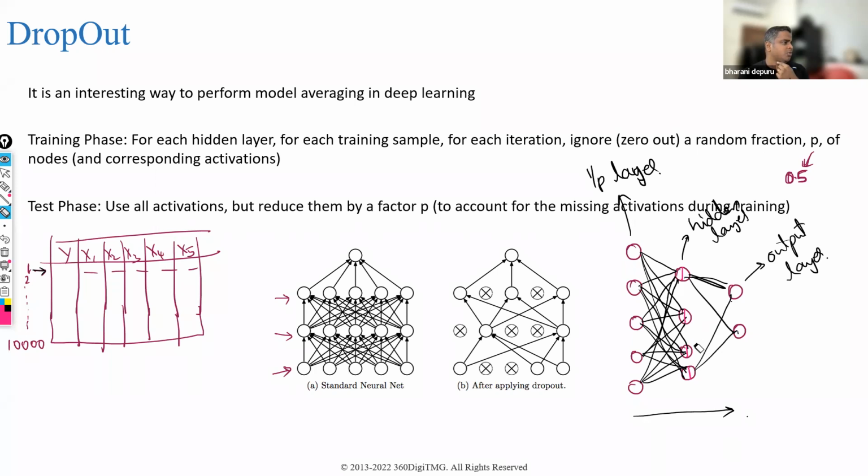Okay, because these two neurons were randomly selected and they are ignored. I mean, their activations are made 0. So you are clamping the output to become 0. The moment you make it 0, any connection that it gives, it will become meaningless because anyways the values here are 0. This is for one example.